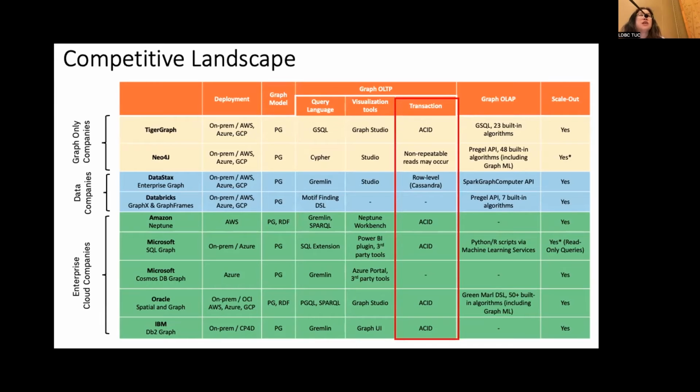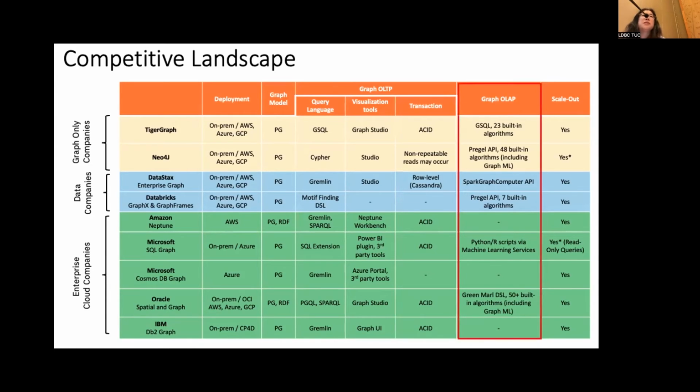On the transaction side, most of them have some level of transaction support, and some even have ACID guarantees. On the graph OLAP side, I have to say the support is relatively weaker than graph OLTP, but 3 companies stand out: TigerGraph, Neo4j, and Oracle, because they have a large number of built-in algorithms. In terms of scalability, most of the vendors also have scale-out support.